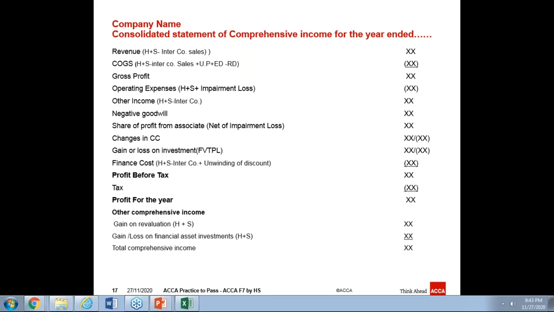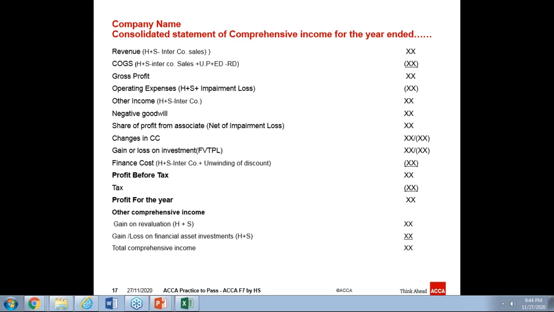So these are the basic adjustments that could be made in the cost of goods sold. So the examiner can ask you a question in which you are required to calculate the consolidated cost of goods sold.